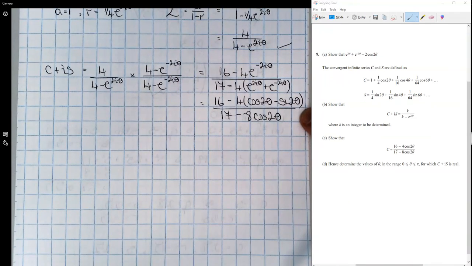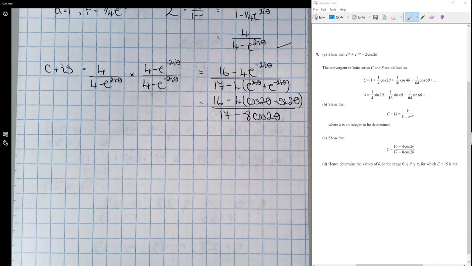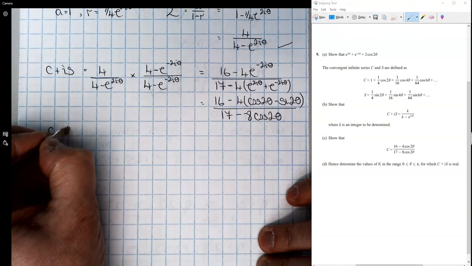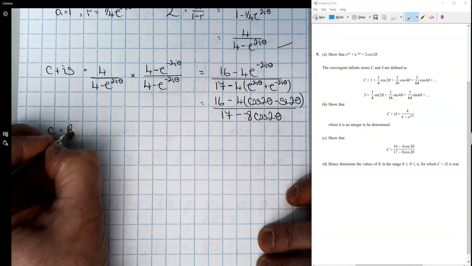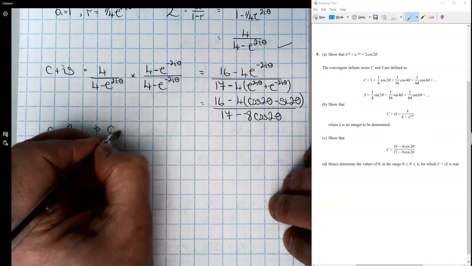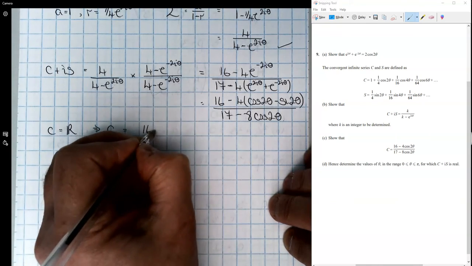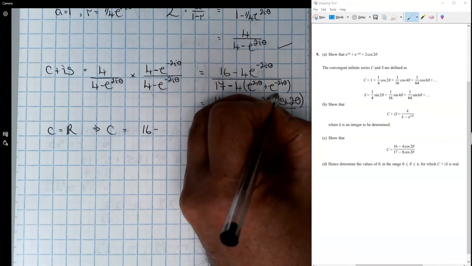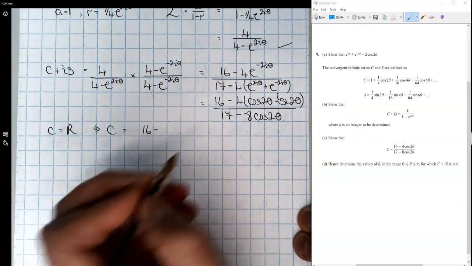Okay, almost there. Now we're looking for the real part. Okay, so C is the real part of this. Oh, sorry, this should be i here, apologies. Right.